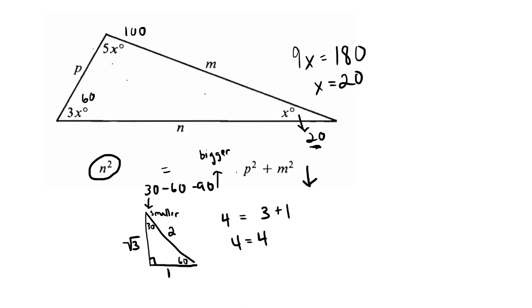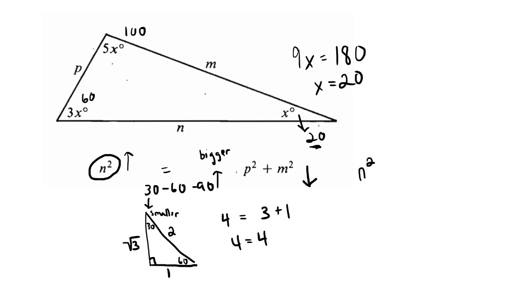So even in the 30, 60, 90 case, in the best case scenario, they are equal to each other. But because this is not a 30, 60, 90, but rather a 20, 60, 100, the n squared value goes up a little bit, and the p squared plus m squared value goes down a little bit. So I have no choice but to say that n squared is bigger, like that.